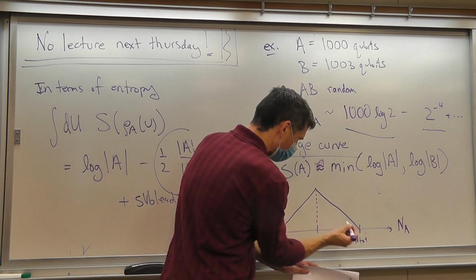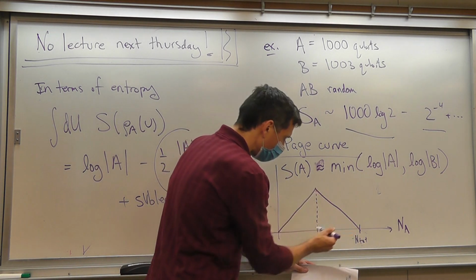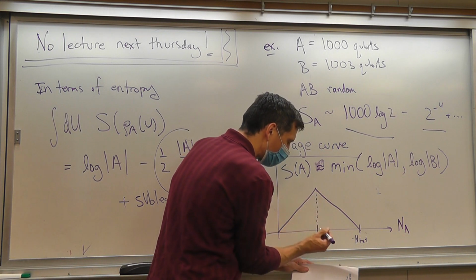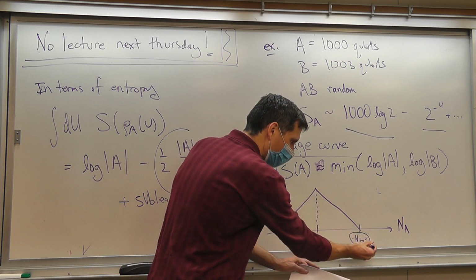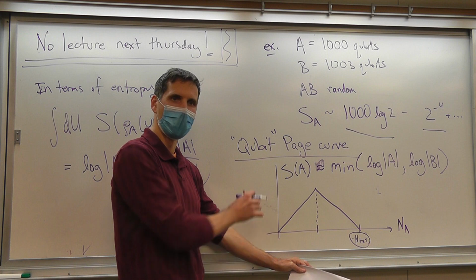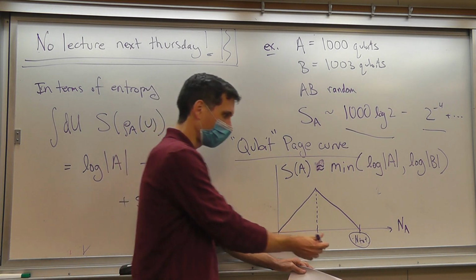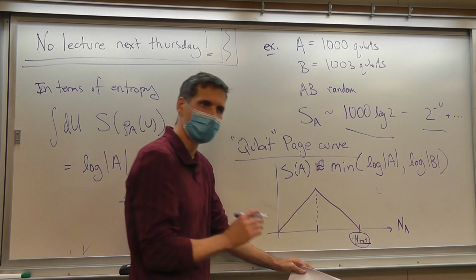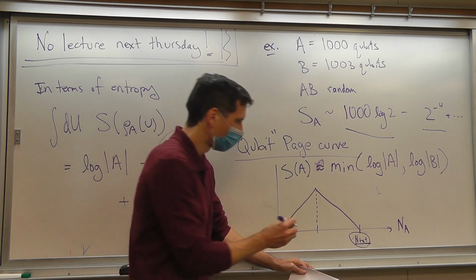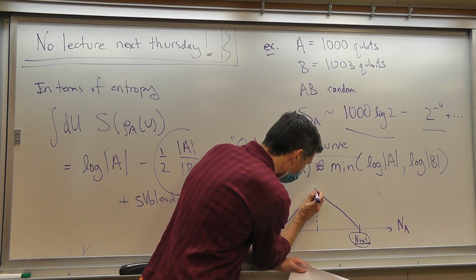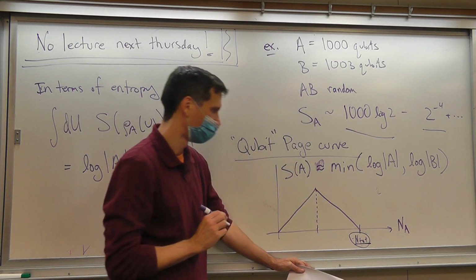And what we expect, on this plot, is that if we take n total to infinity, then you won't see that correction. But at any finite n total, like say there's 1,000 total bits here, this will get slightly smoothed out and it'll actually look like that.